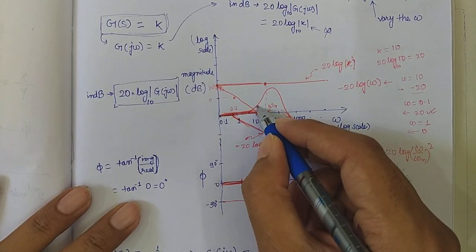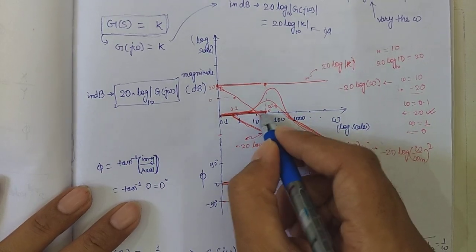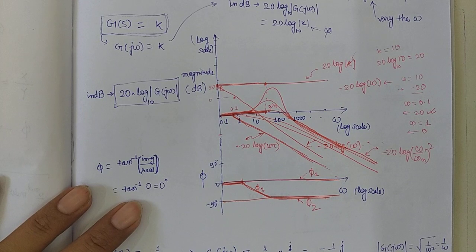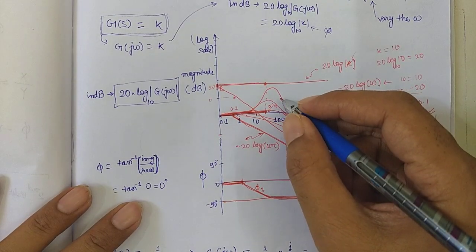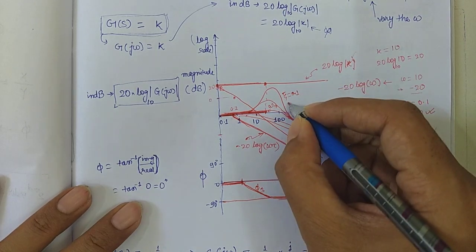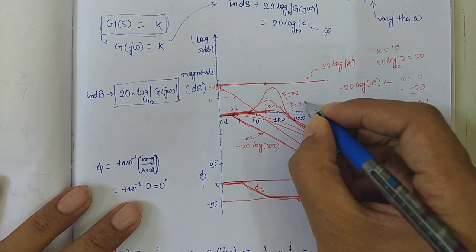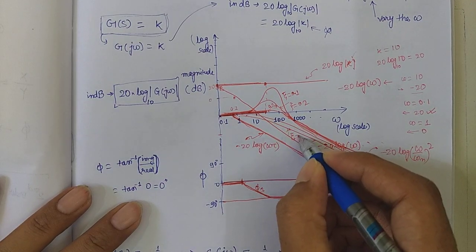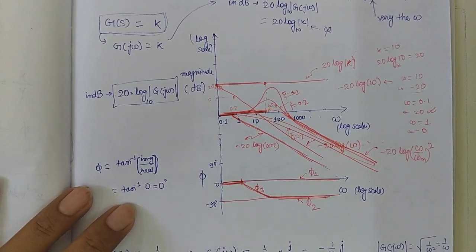Higher the zeta value, it will go something like this. So this is for lower zeta values, zeta is equal to 0.1, zeta is equal to 0.2, and the overdamped case, zeta is equal to 1, is this case.